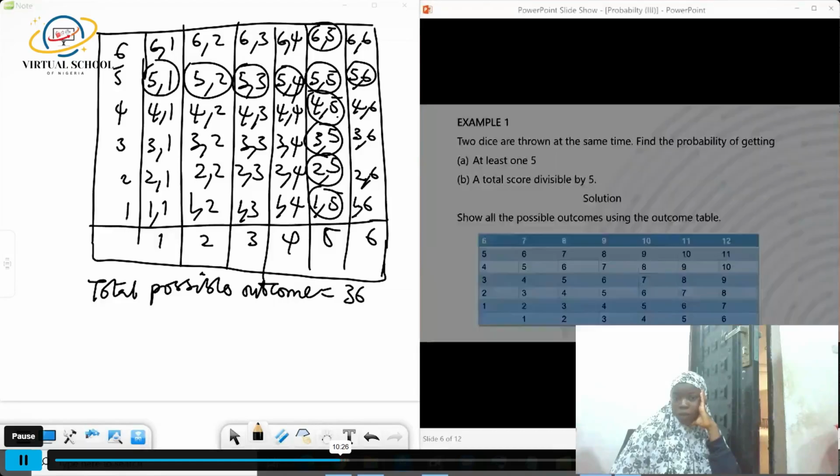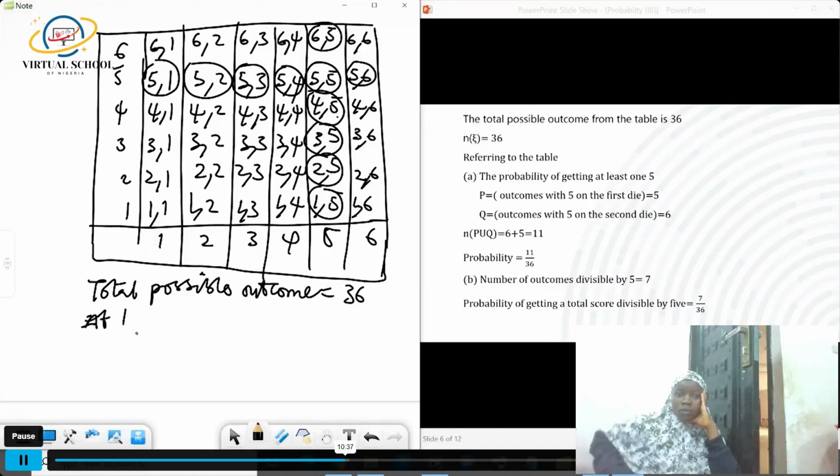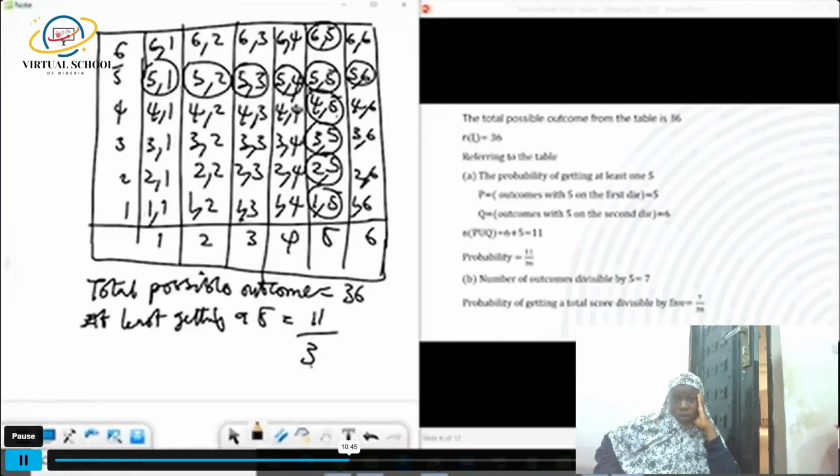Now, at least getting a 5, I'll have what? From my outcome table, I have 5 appearing in 11 places. So at least getting a 5 will be equal to what? 11 over 36.